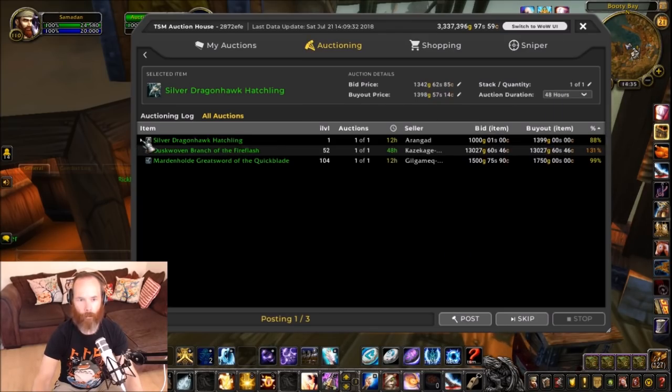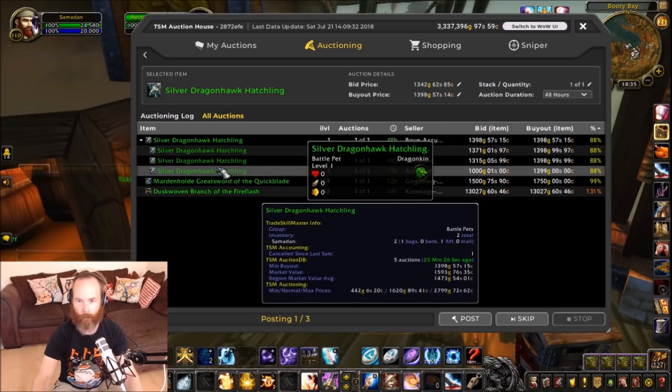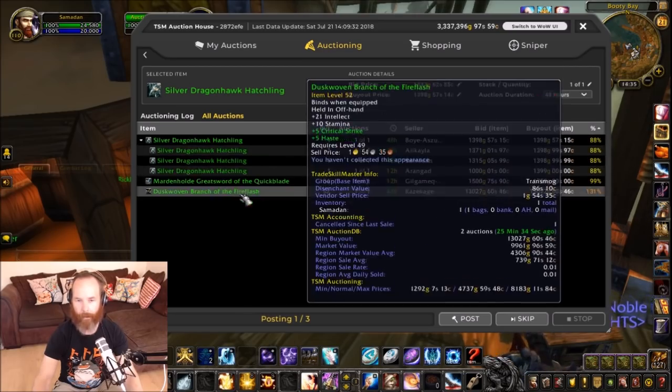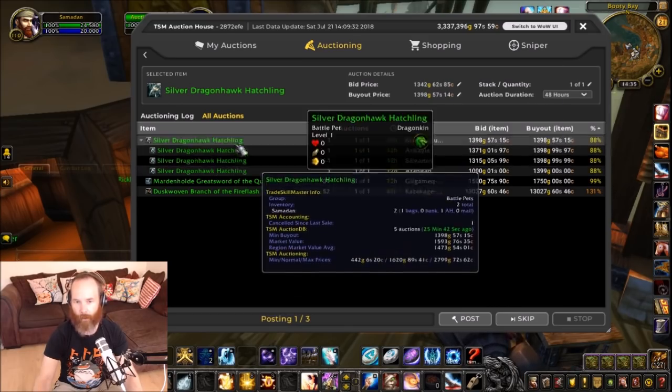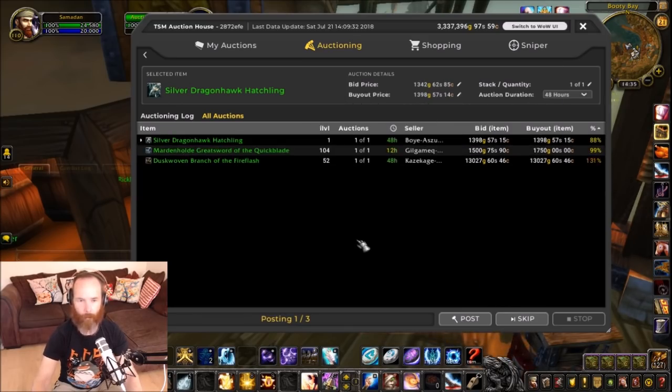And the Dragonhawk hatchling, there are a number of them on. These all happen to be level 1, so these are the ones we're comparing against. If we have the ignore random enchants on with the hatchling and we just put it on regardless of level, then maybe those prices will be different. But at the moment we're just going for this one, just to show the 2 examples.